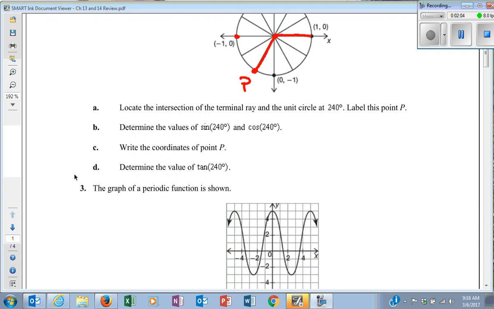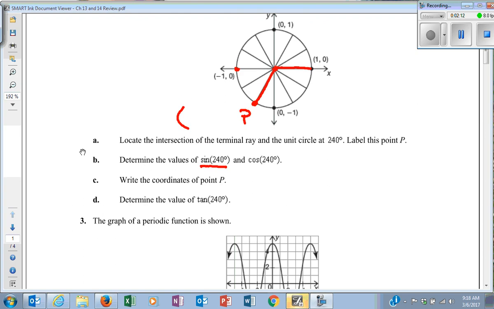It says determine the sign. Well, I know that this ordered pair right here is more like the 60. And the 60 degree, I know, is the one. If I go here, I always start with this. Here's my 45 because they didn't put that on there. I went 1, 2, 3, 1, 2, 3, all over 2, all over 2, and that's the square root, square root, and square root.